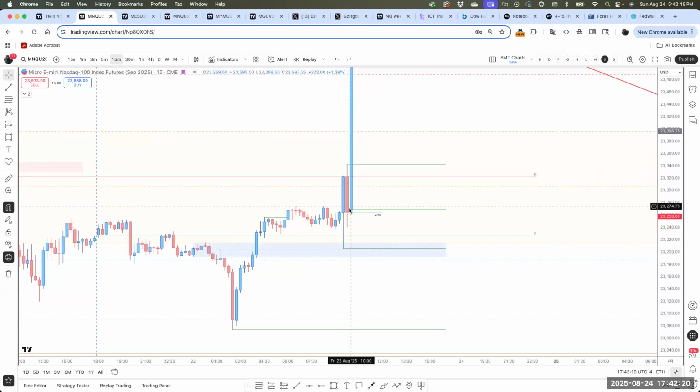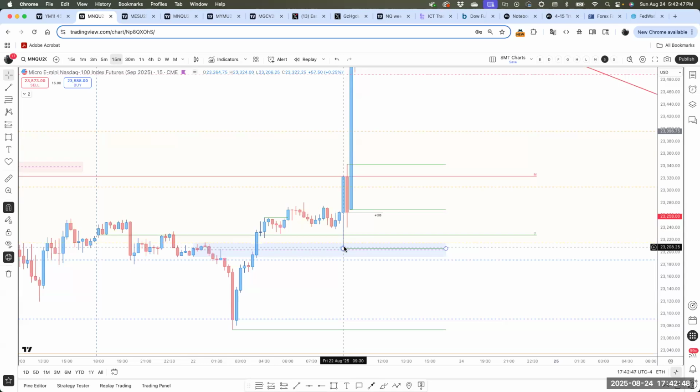So now going into the next candle, the 10 a.m. candle, your logic is we already know that we had the high and the low of the 2 a.m. candle here, and then we had the high and the low of the 6 a.m. candle here. If we don't take this low out, we probably gonna be bullish.